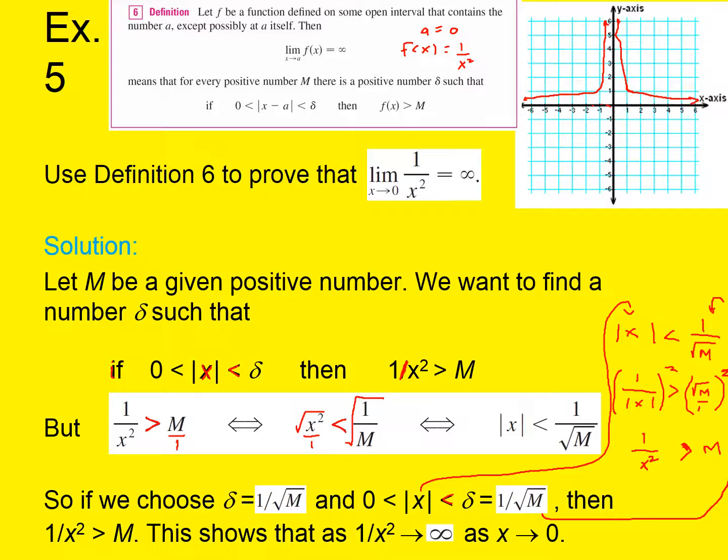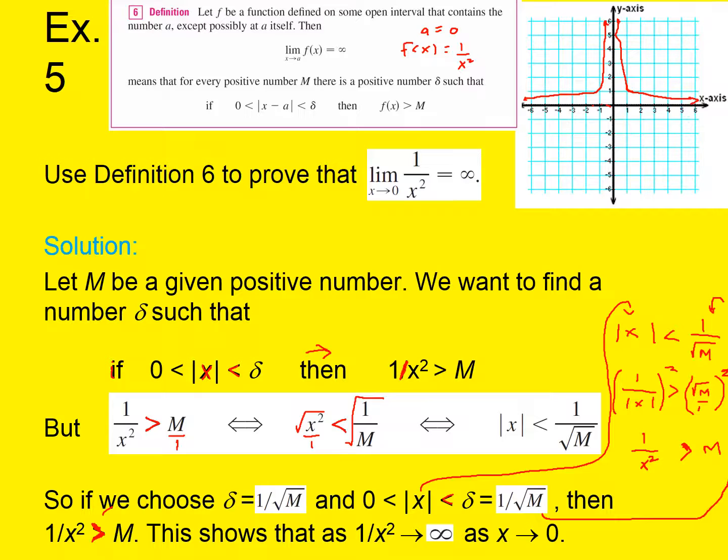That's just m on the right, and on the left the square of 1 over absolute x. If you're squaring, you don't have to say absolute, so it's 1 over x squared.